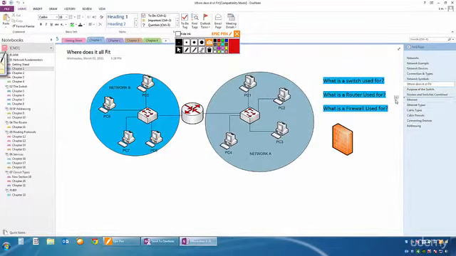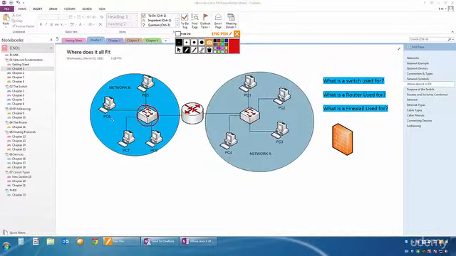So how do we fit all these things together? Now notice, whenever I want to hook up multiple devices, more than two, I'm going to have a switch. All of them are connected to a switch.